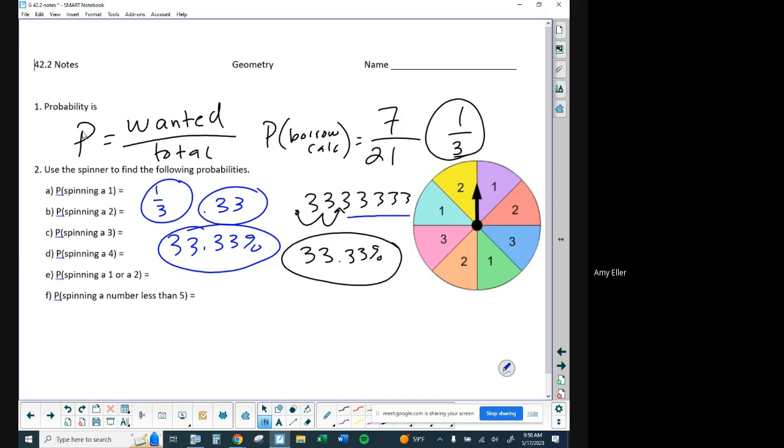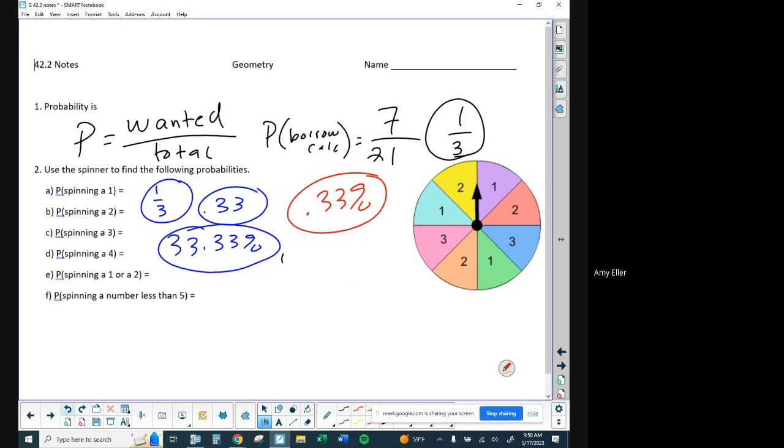Both of these are taken to the 100th place. Just be careful that you don't say 0.33%. Do we see a problem with that? That's not even 1%. That's definitely different than 33%. So a decimal or a percent, just be careful not to sort of combine the two.